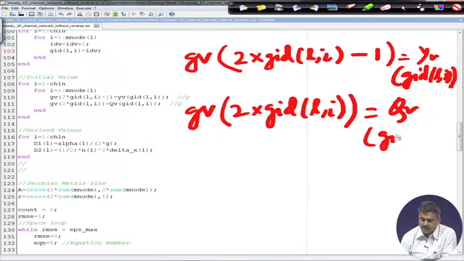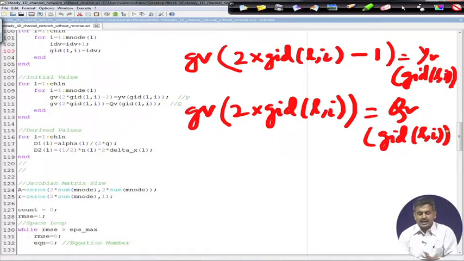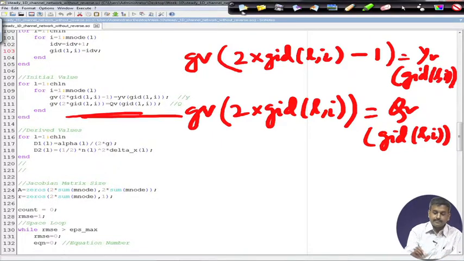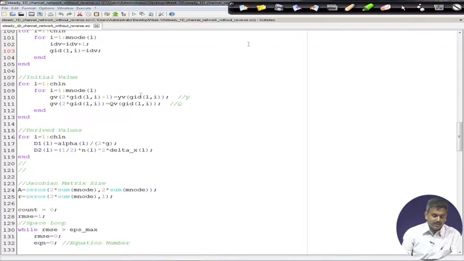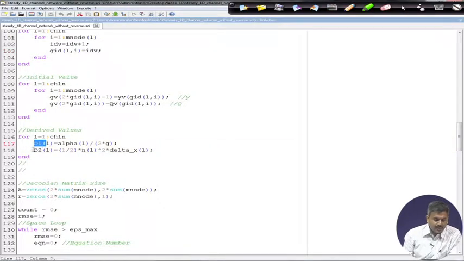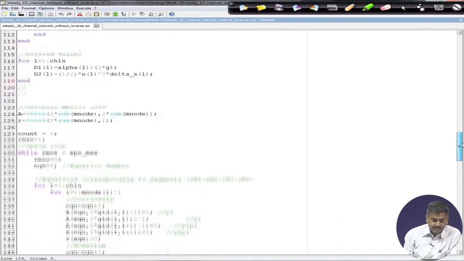Like that I can transfer the initial values here. After transferring the initial values, I can calculate D1 and D2. These values are required for calculation of the elements of the Jacobian matrix.